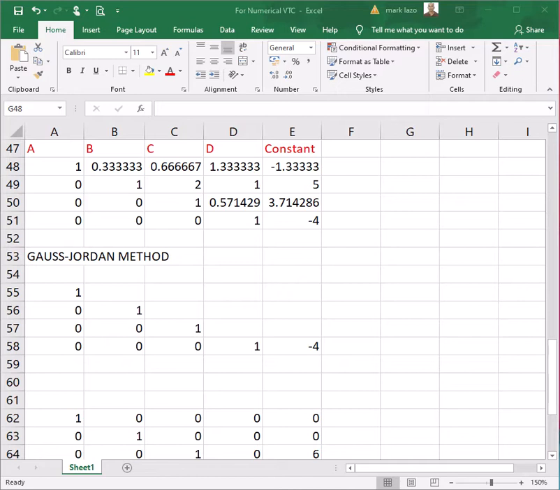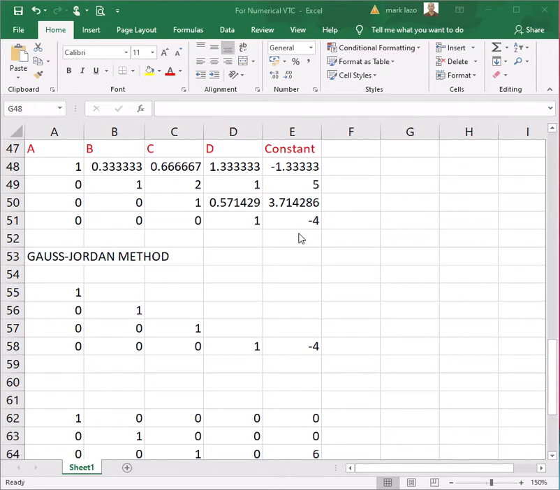For the sake of this discussion, we will be using the previous example we had in the Gaussian elimination method, wherein we have already zeroed the lower triangular elements of our equation, and now we only need to make all the elements in the upper triangular portion of our diagonal into 0.